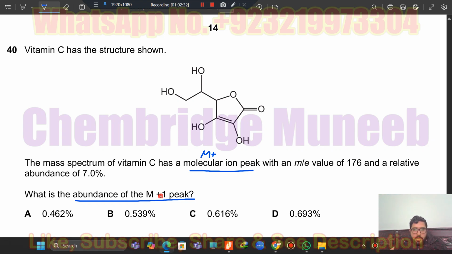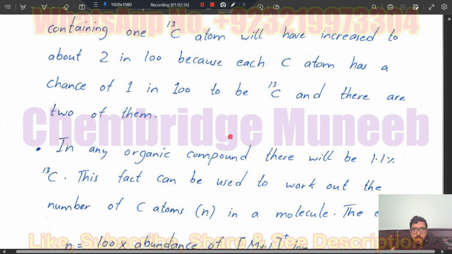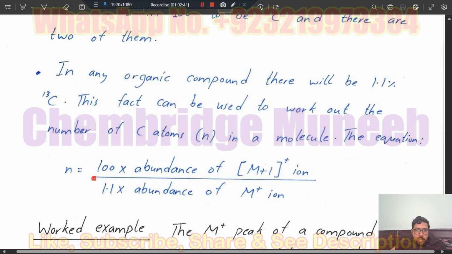For this purpose, we should have this formula, which you can find in my notes as well. This is the formula which we are going to apply. n is equal to 100 times the abundance of the M+1 ion, divided by 1.1 times the abundance of the molecular ion peak.